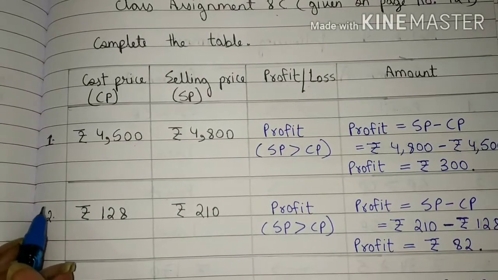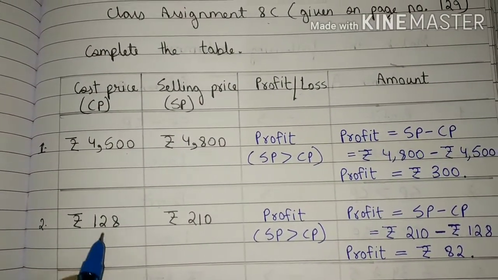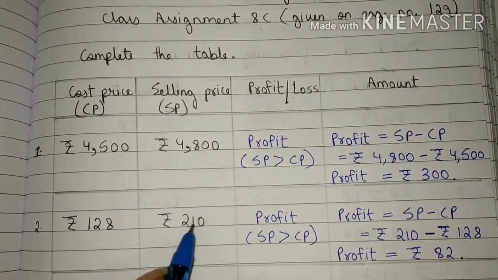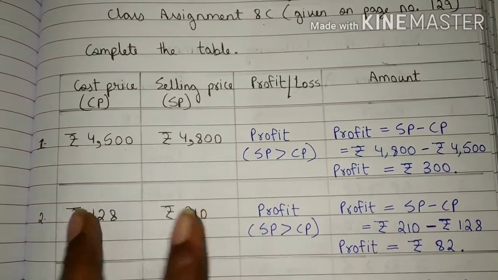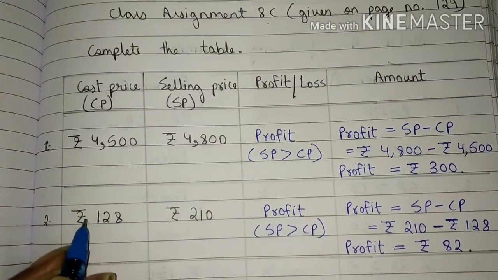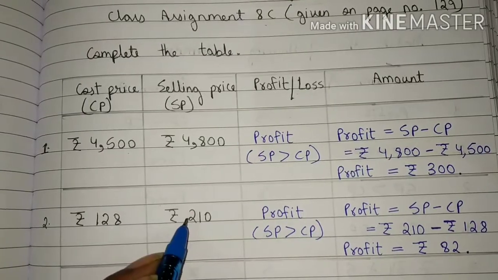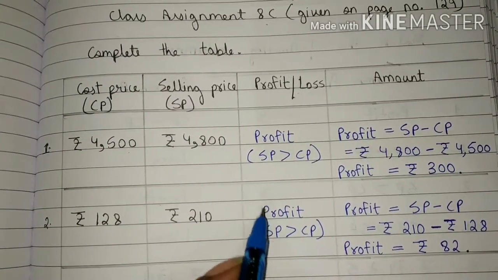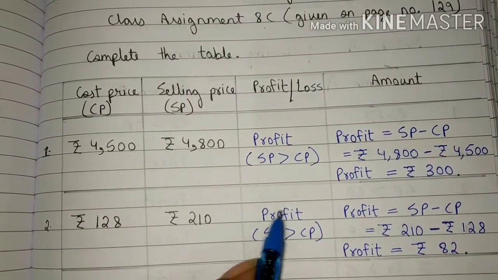Students, now come to second. Cost price is rupees 128. Selling price is rupees 210. Students, when you compare these two prices, you will see that rupees 210 is greater than rupees 128. It means selling price is greater than cost price. Students, we know that if selling price is greater than cost price, then there is a profit.